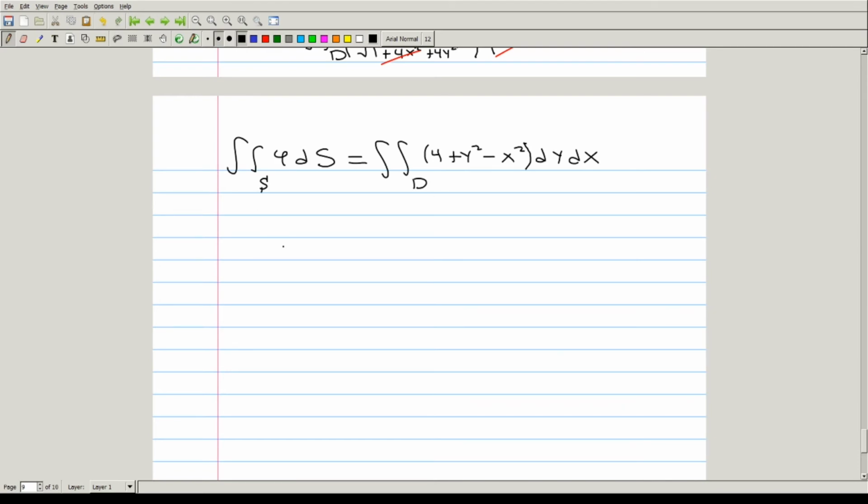So we need to figure out what the correct bounds are for this region. Because D is the set of all points x, y in two-dimensional space such that x squared plus y squared is less than or equal to 4, a circle of radius 2.